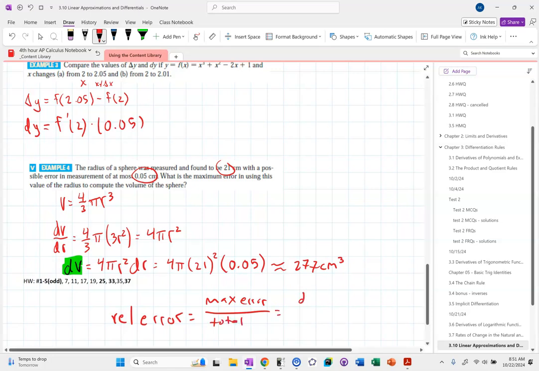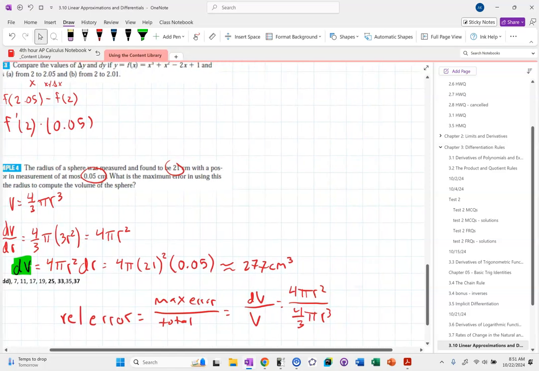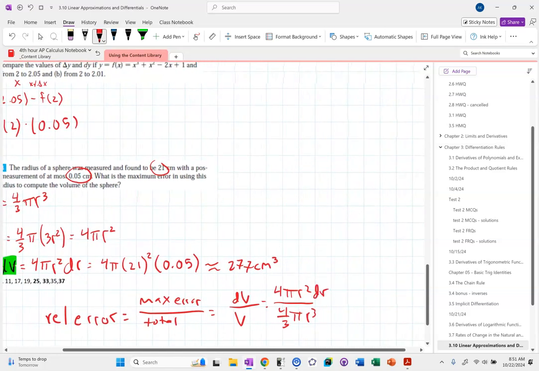In our case, the maximum error was dV, and our total would be just the volume. So we'd have 4 pi r squared over 4/3 pi r cubed, times dr. When I do that, I'm going to have 3 dr over r.